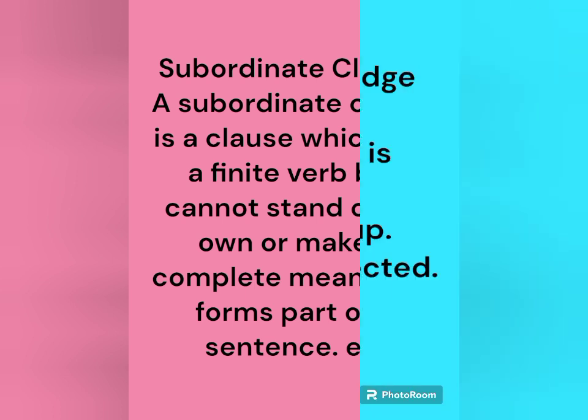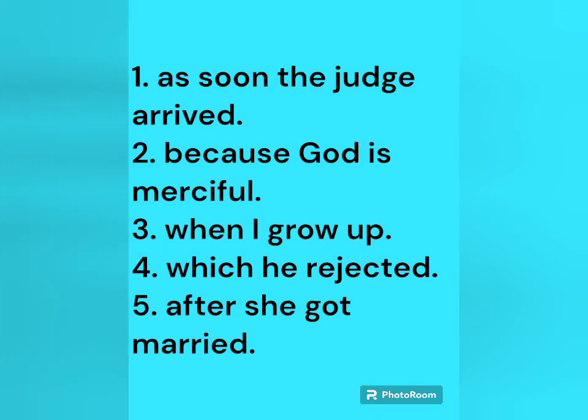We have examples like: as soon as the judge arrived, because God is merciful, when I grew up, which he rejected, after she got married. These are examples of subordinate clauses.